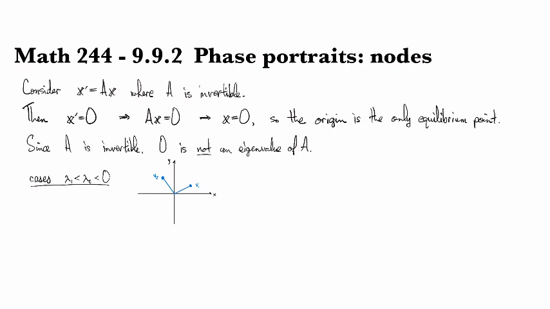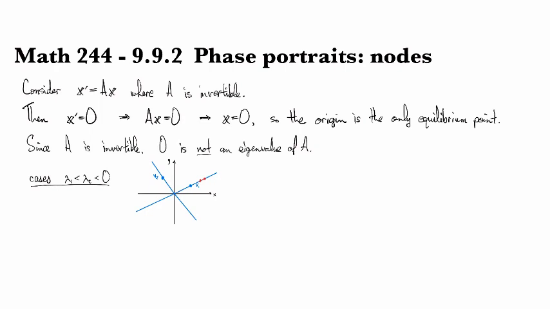Here's what's going to happen. Let me extend these lines a little bit here. If we start on a particular axis, say we start at this point right here on the v1 axis, then the eigenvalue is negative, so we're going to move toward the origin as time increases.